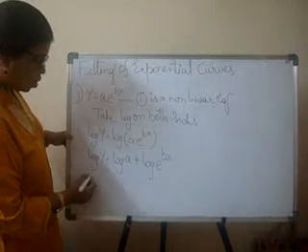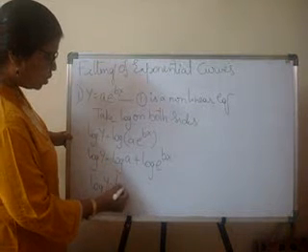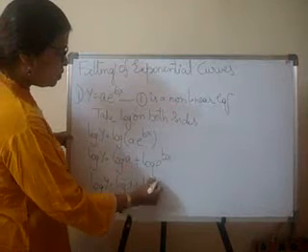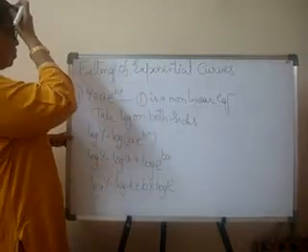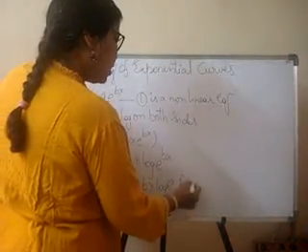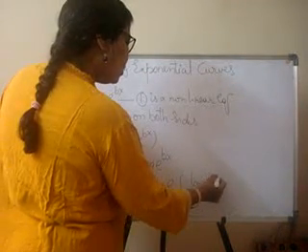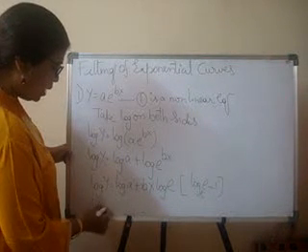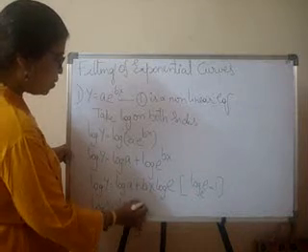Now, log y equals log a plus bx log e. Since log e to the base e equals 1, therefore this equation will become log y equals log a plus bx.